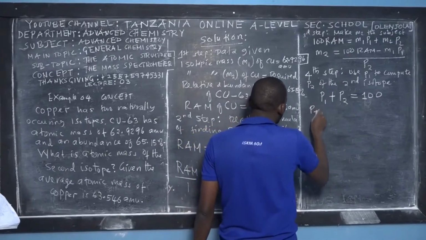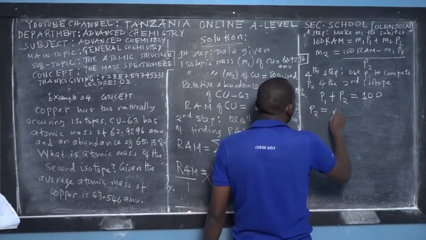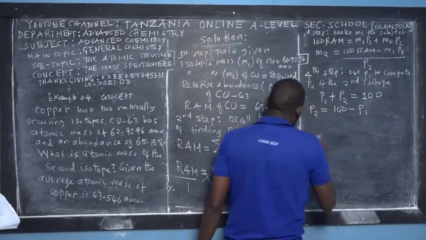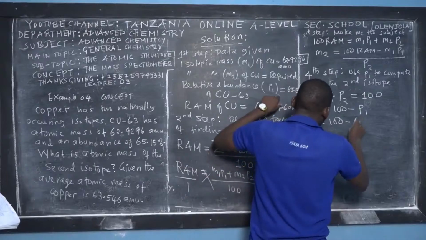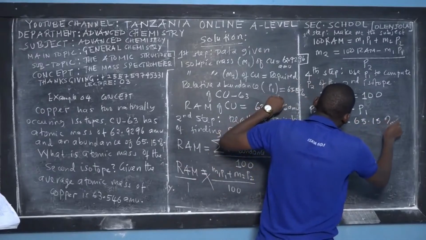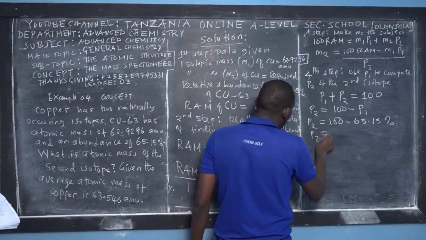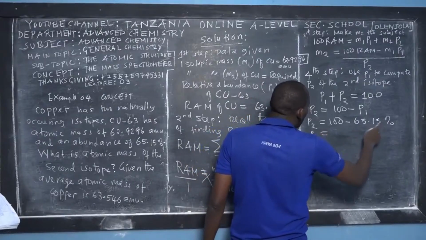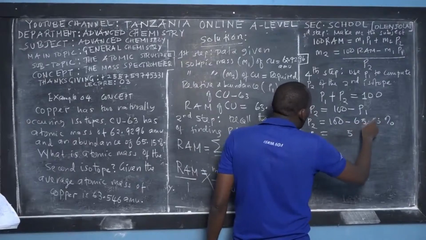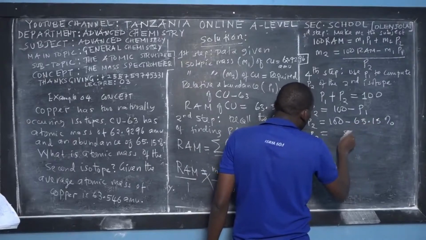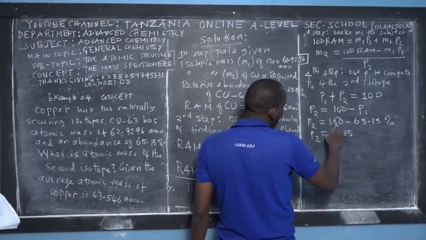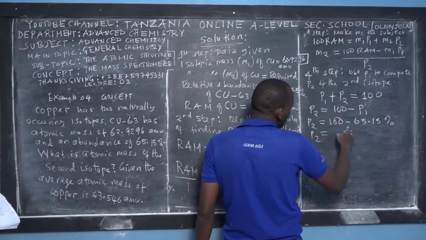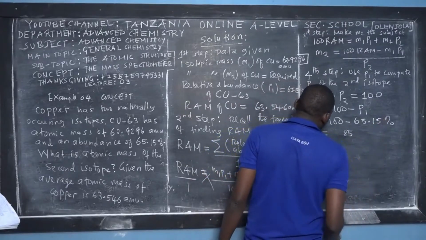So the second relative abundance is equal to 100 minus P1. So P2 is equal to 100 minus 65.15%.